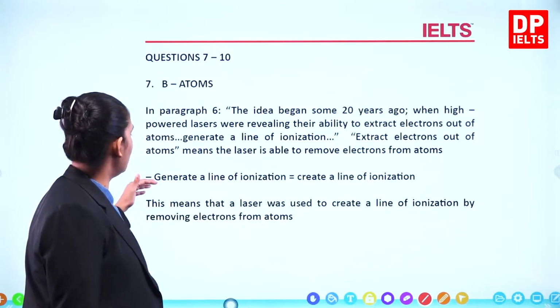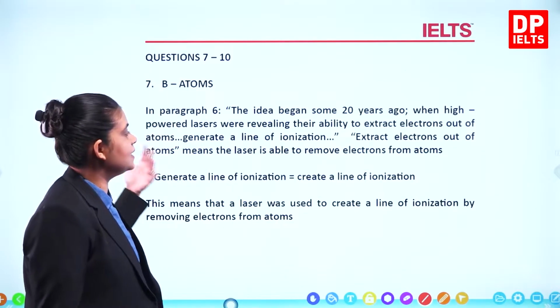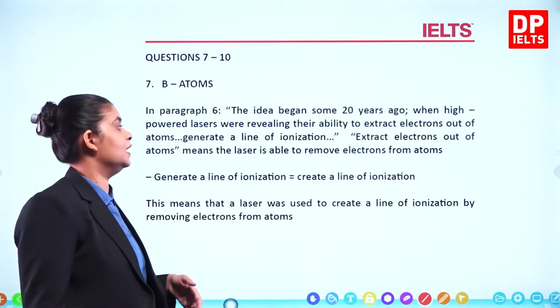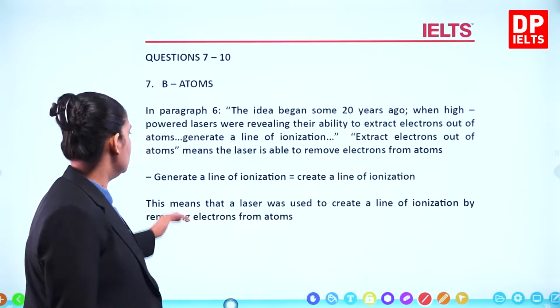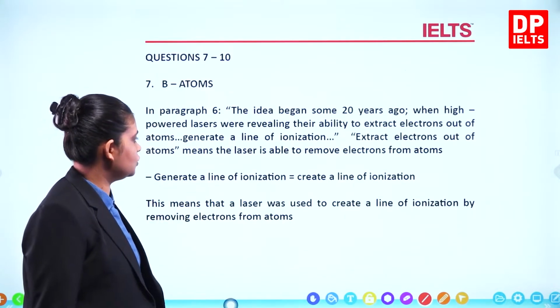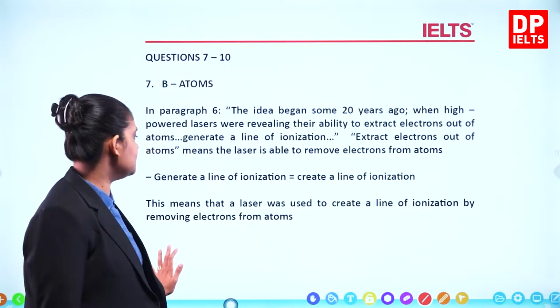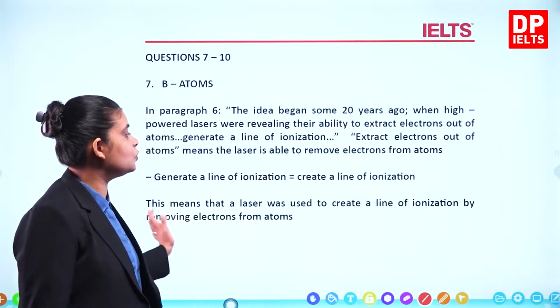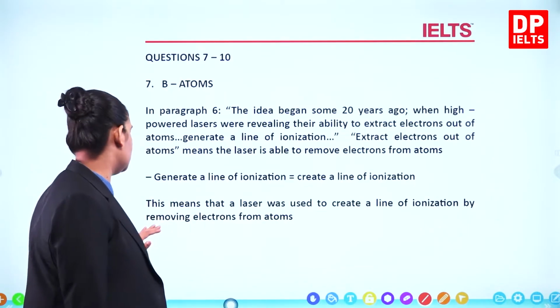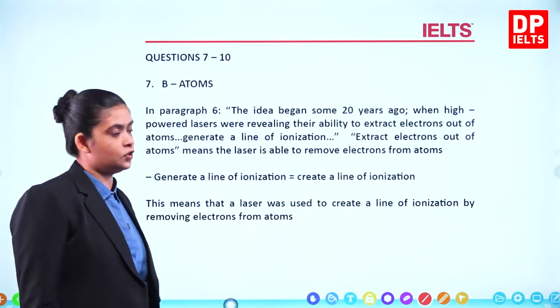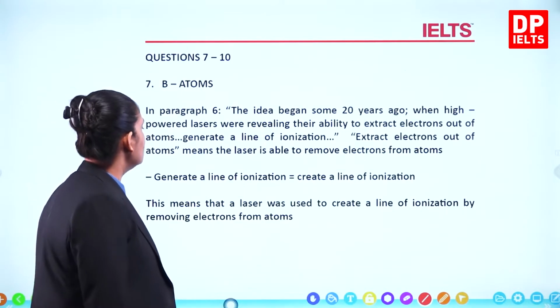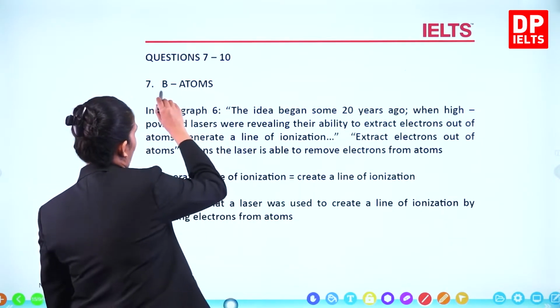Extract electrons out of atoms means that the laser is able to remove the electrons from atoms. Generate a line of ionization is to create a line of ionization, okay? This means that a laser was used to create a line of ionization by removing electrons from atoms, okay? So the answer here would be atoms.